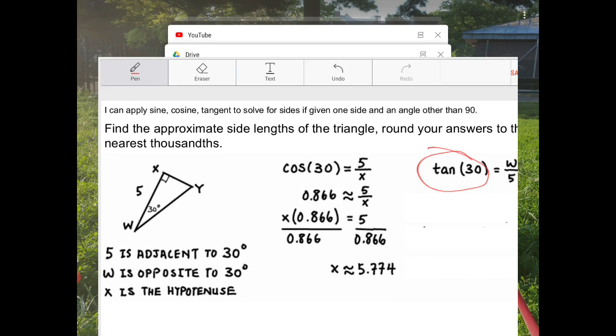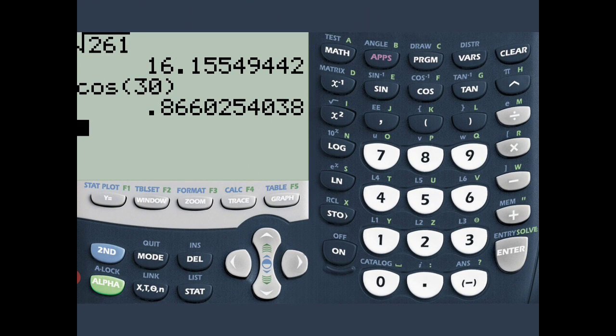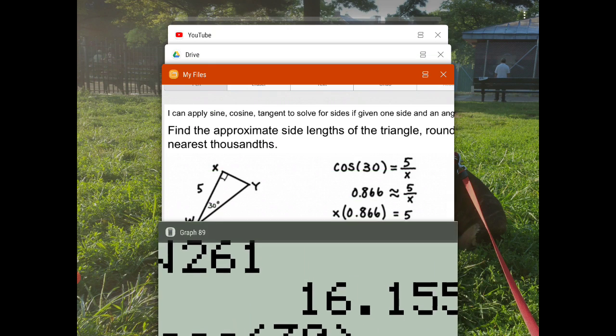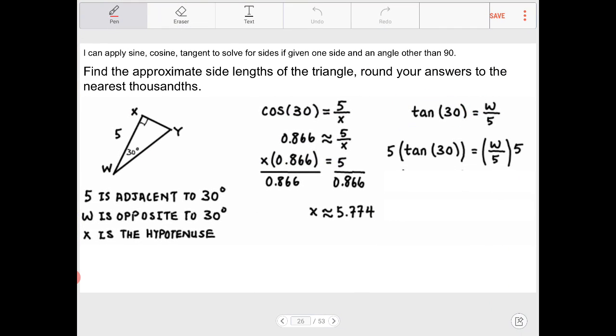So if I take our calculator and run it through, I'm going to hit tangent of 30 and press enter. I end up with 0.57735, and so on. I'm going to copy that number over here. And what I'll end up with is 2.887.